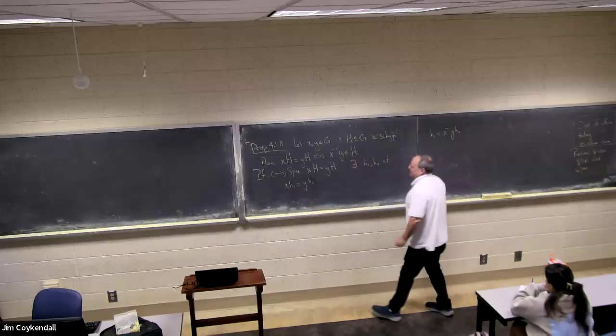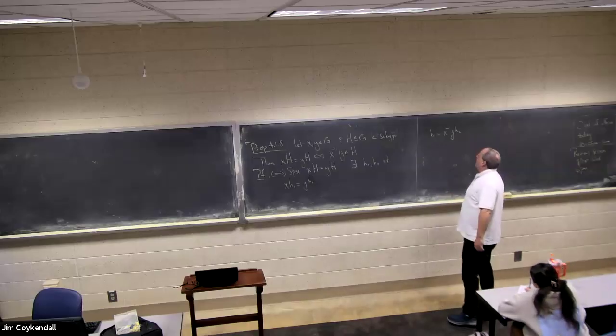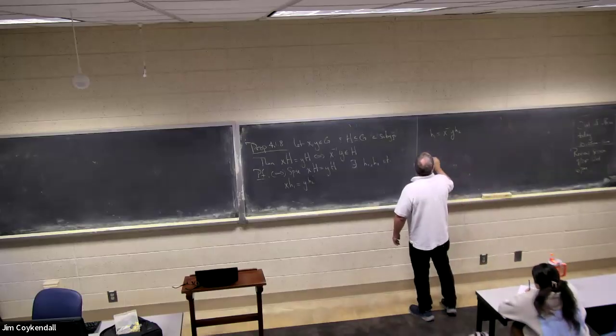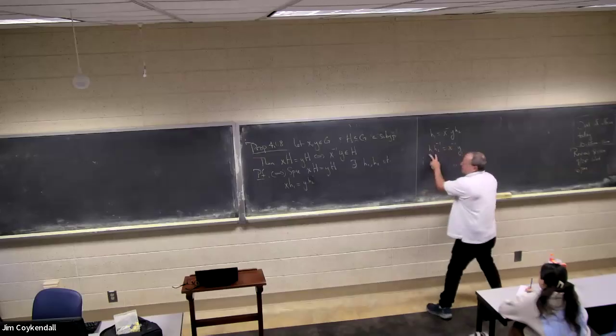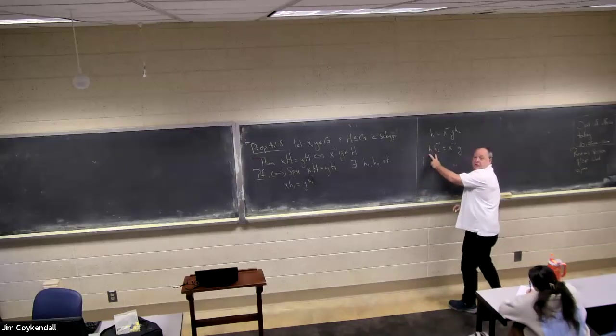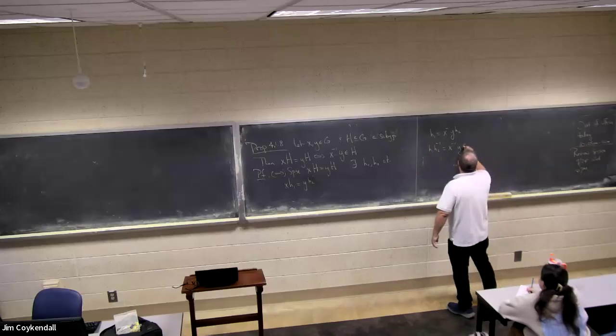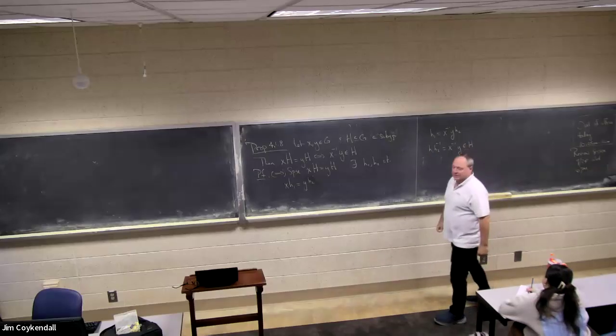Multiplying on the left by X inverse, now multiply on the right by H2 inverse. This thing right here is an H, right? Because H1 is and H2 is, so H2 inverse is. And so there you go.